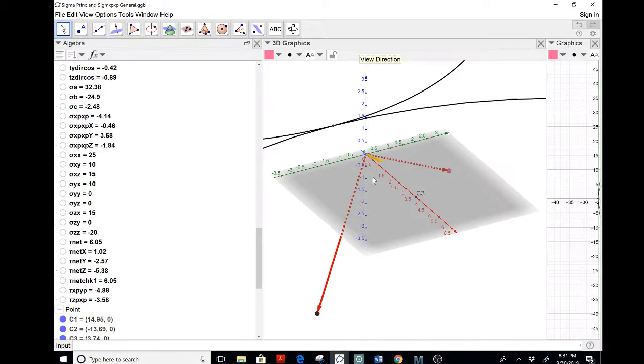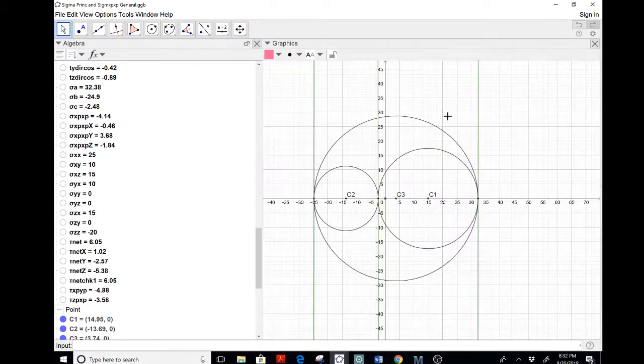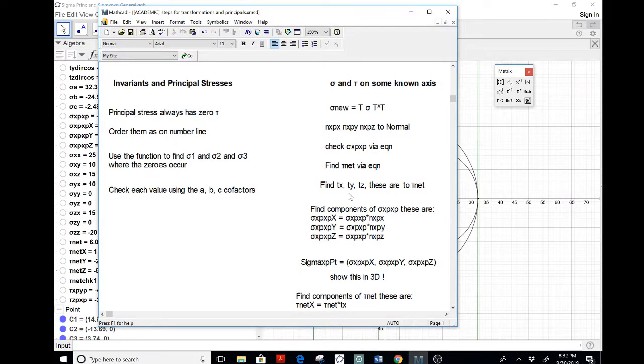Well, it's on that plane. It's unambiguous. Remember, sigma x prime is perpendicular to the plane. The net one is on the plane, but there's an infinite number of ones that are mutually perpendicular on that plane. All right, let's go back to our list.